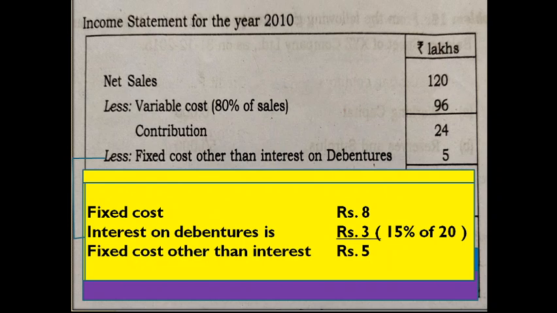And remember, in the additional information, it is given that fixed cost is 8. From fixed cost, you need to deduct interest on debentures 5, and then you will get fixed cost other than interest, rupees 3.